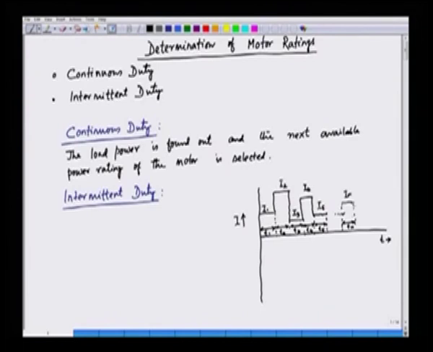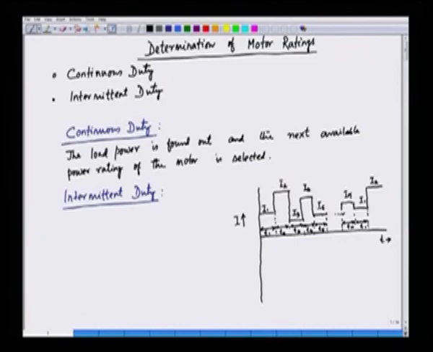And then the load repeats, the same current profile will repeat here, I1 again for interval T1 and so on, and similarly again I2, the same thing repeats here.